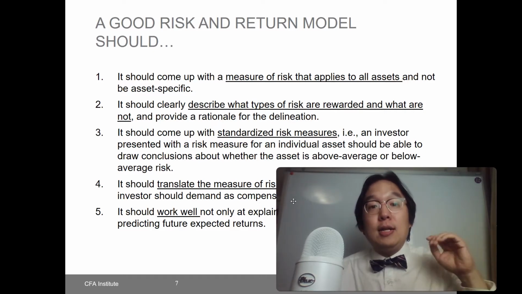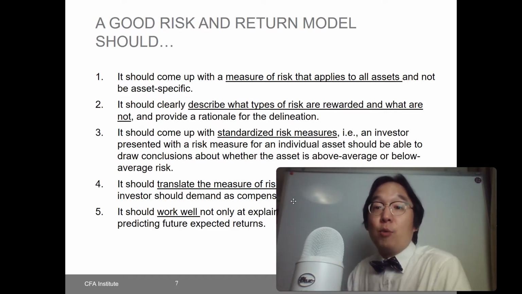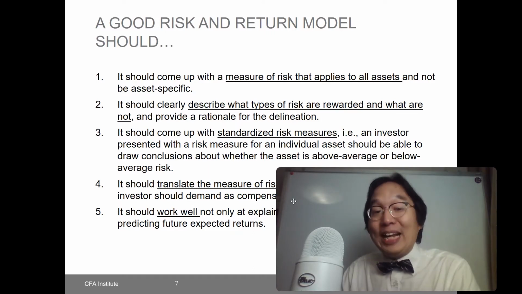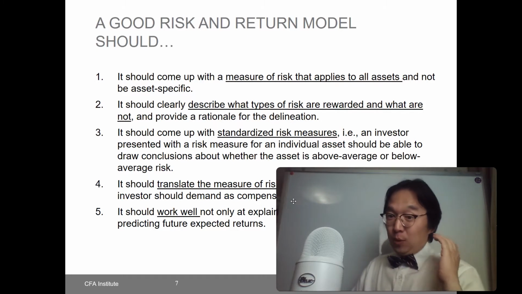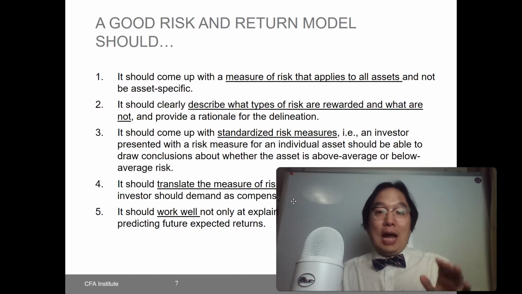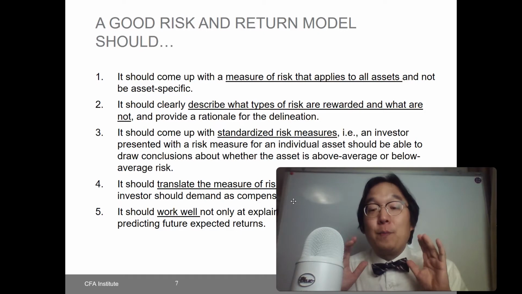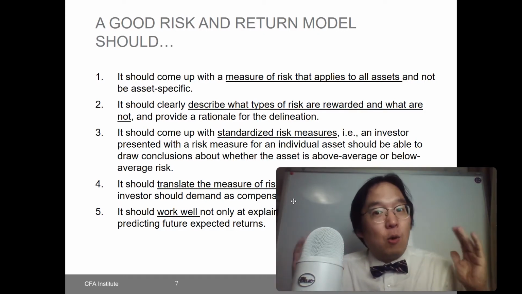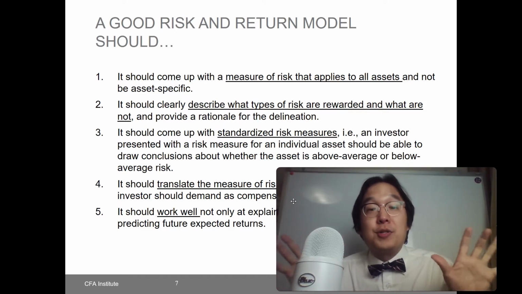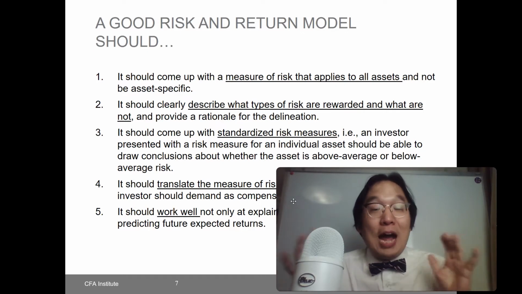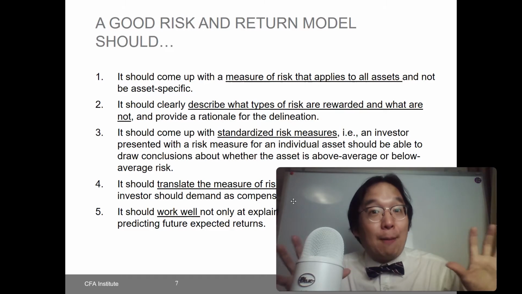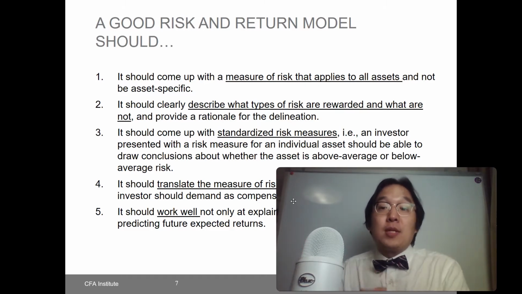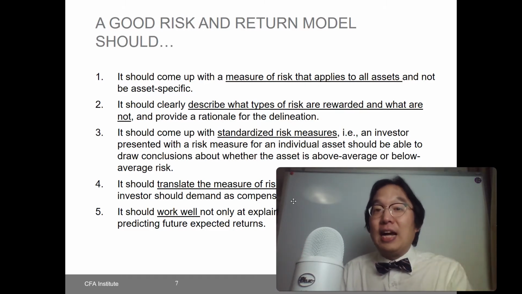Two, it should clearly describe what types of risk are rewarded and what types are not rewarded. Here is the important part. There is a whole bunch of different kinds of uncertainties there. High risk, high return. Is that always going to happen? Some kinds of risk are not compensated, which means tough luck to you.